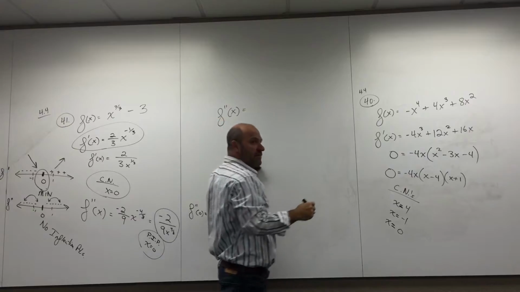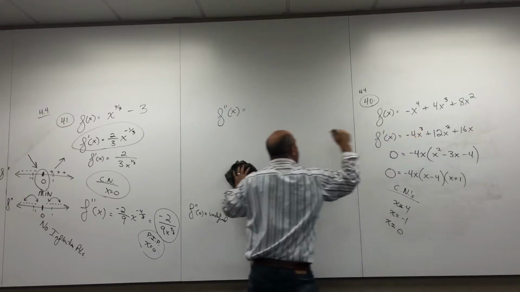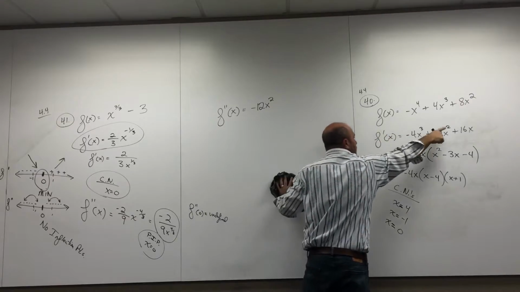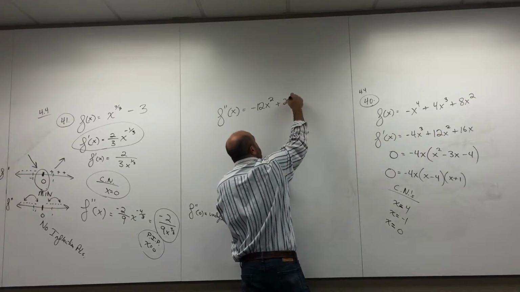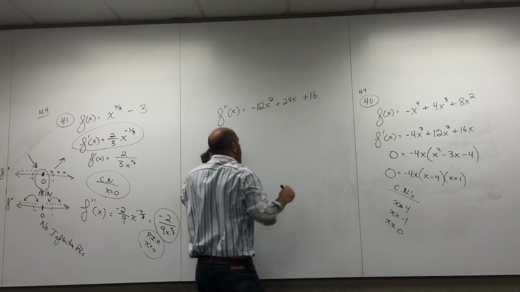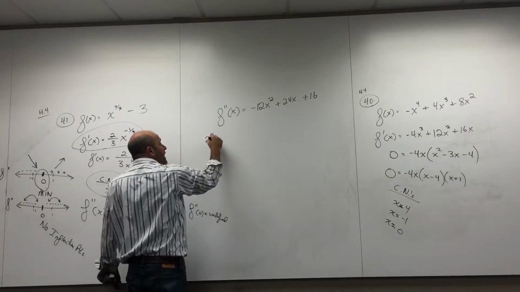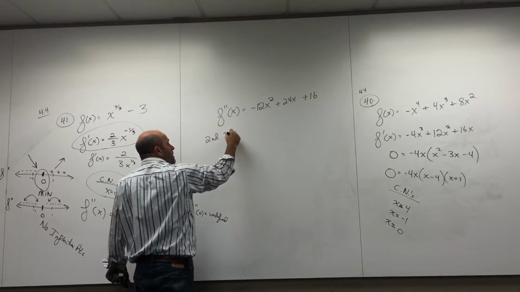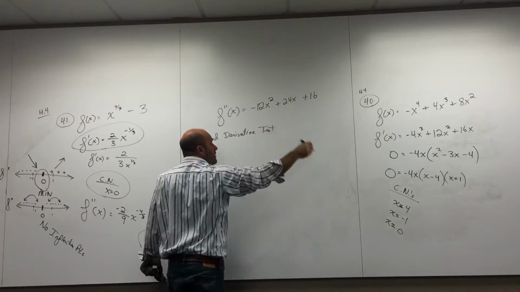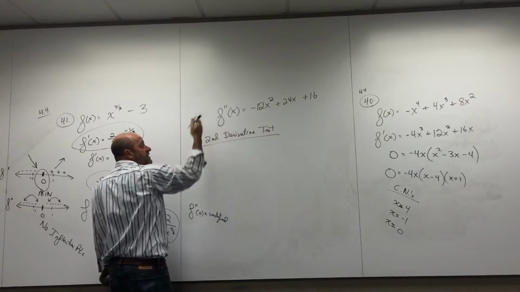Second derivative: negative 12x squared, you guys with me? Plus 24x plus 16. Now to do a second derivative test, I take those critical numbers from the first derivative and plug them into this second derivative.